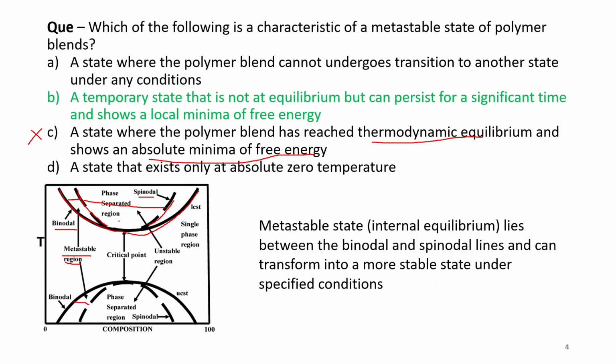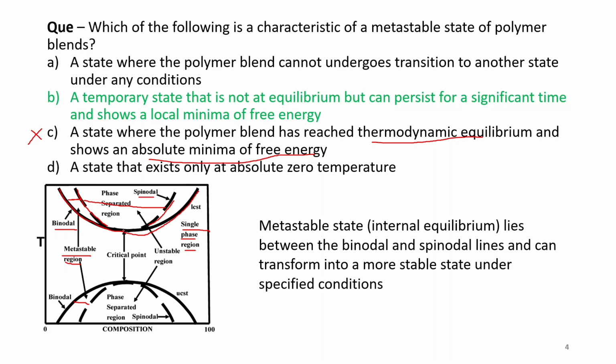In this region the polymer blend will not be in the homogeneous single phase, but in the phase separated form, and outside this curve there is the single phase region. So outside this region is the homogeneous mixture of the blend, right?